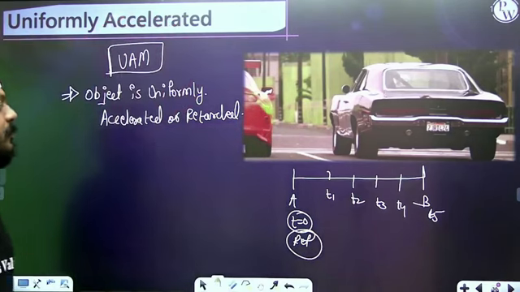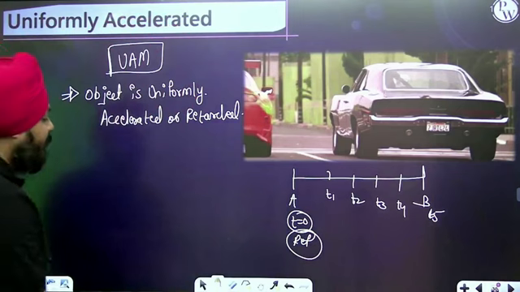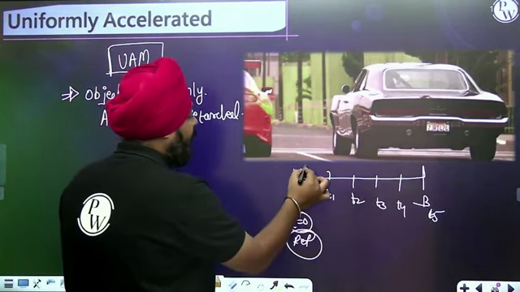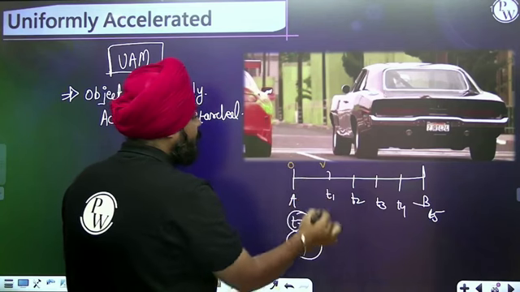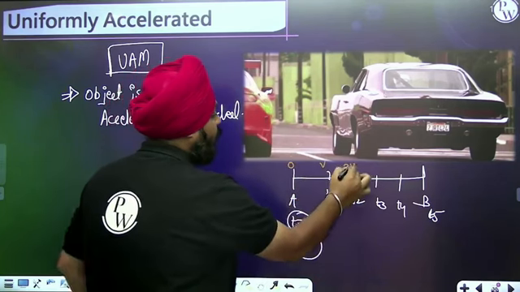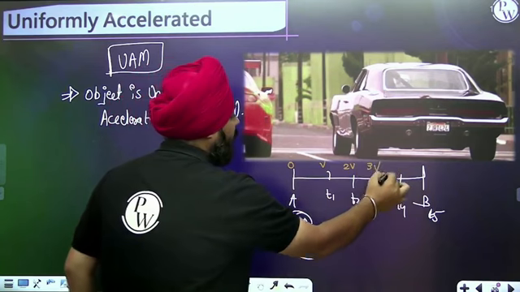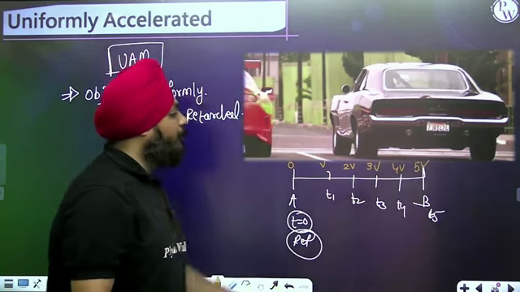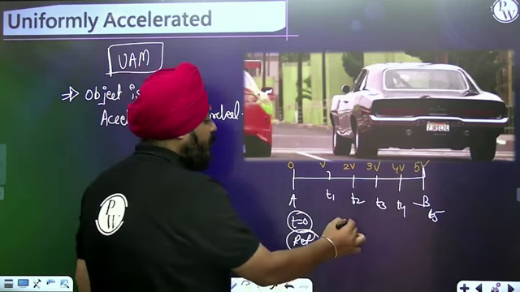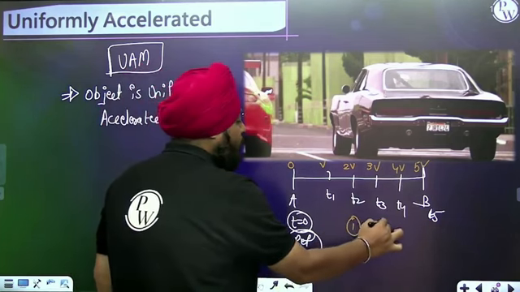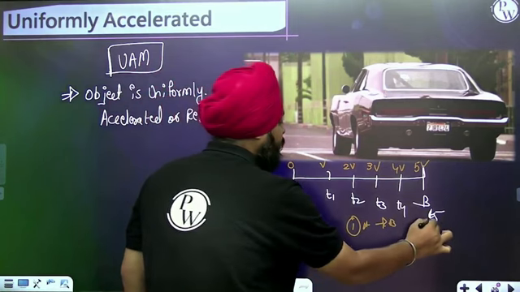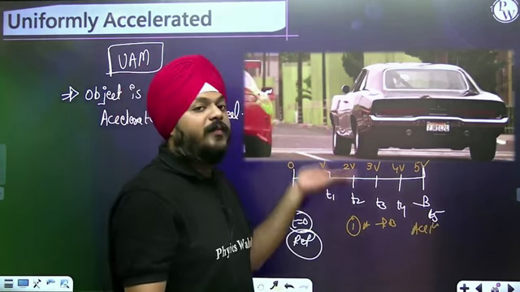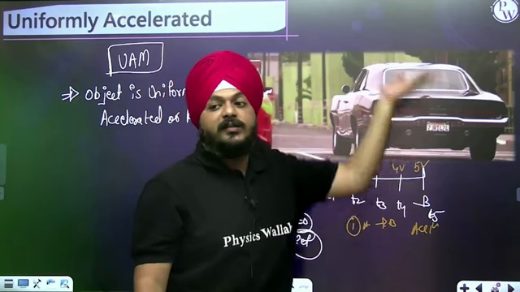The velocity starts from 0, reaches V, then 2V, 3V, 4V, 5V. We can say it is a case of uniform acceleration, because the velocity is uniformly increasing with respect to time.